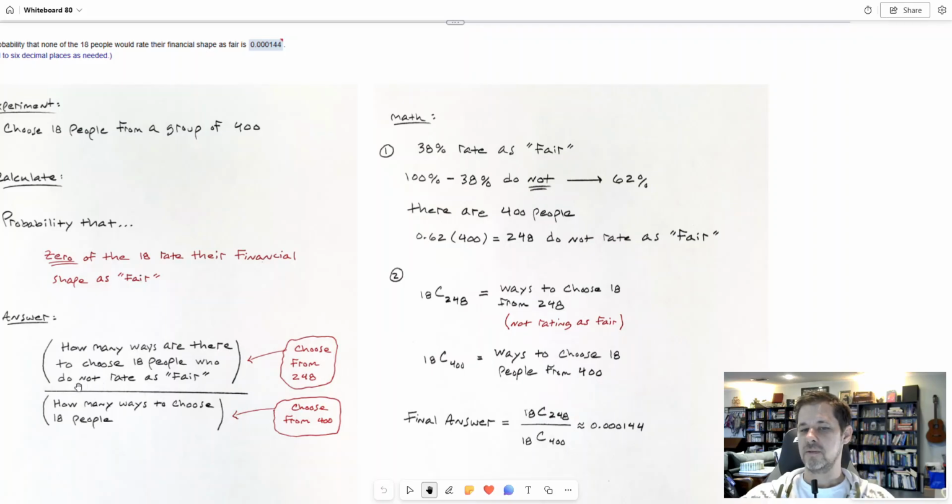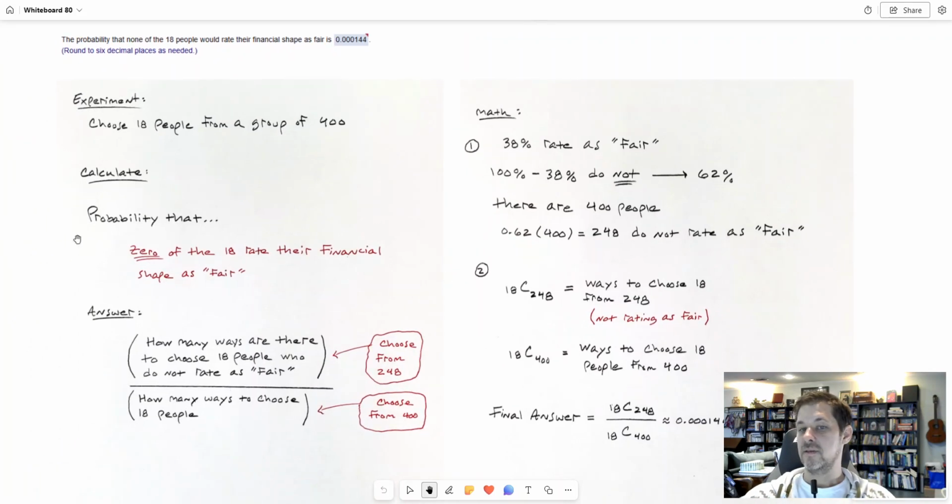So to pick people who do not rate their financial shape as fair, that's 62% of the whole group. Those are the ones I have to choose from if I'm going to pick these 18 people. Now, since there are 400 people in the group, 62% of 400 is 248. So there are 248 people who do not rate their financial shape as fair.